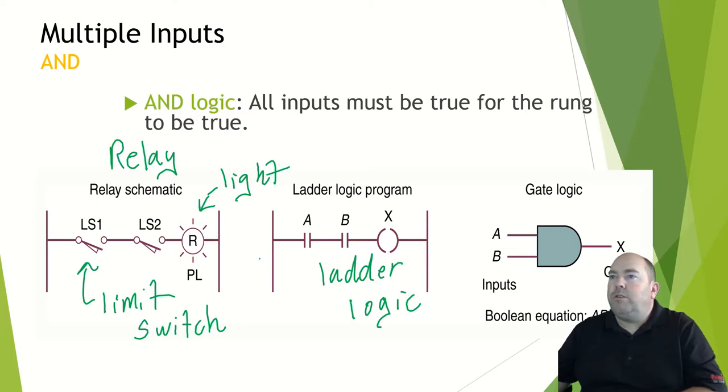So all three of these things are basically doing the same thing. This is basically saying if limit switch number 1 is on, limit switch number 2 is on, the light comes on. This is saying if input A is on and input B is on, output X comes on. And this is saying if input A is on and input B is on, output X comes on. This is all written the same way.